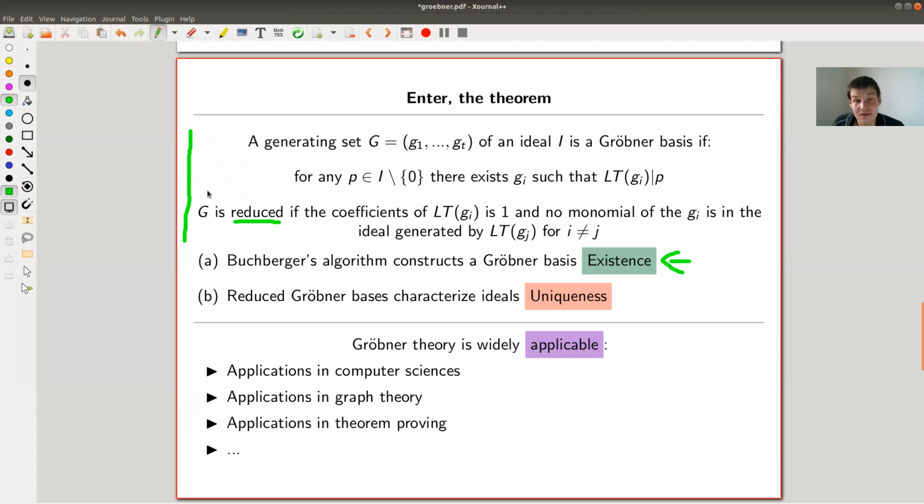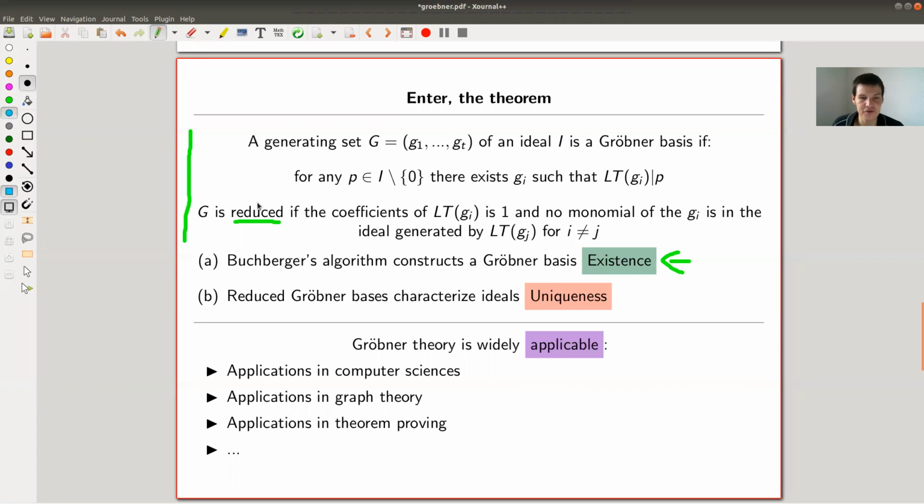And as I said again, basically any computer algebra program should be able to run some version of Buchberger's algorithm. Just Google Gröbner and your favorite computer algebra system, might it be Mathematica or Sage or Magma or whatever you like to use. It should be able to run this algorithm which constructs the Gröbner basis for you.